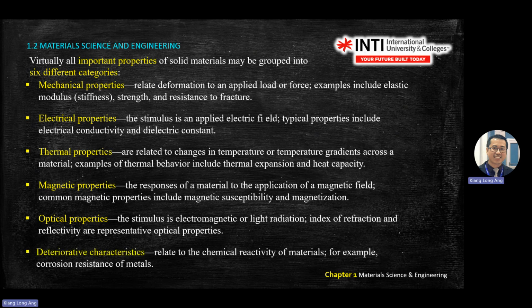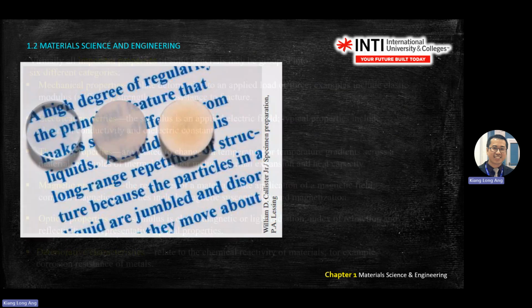Okay. There's one more. This one is on the corrosion, deteriorative characteristics. This one is in another subject taught by Dr. Yuli. Right, corrosion. I think you haven't taken that module yet, but I will focus heavily on the corrosion characteristics.